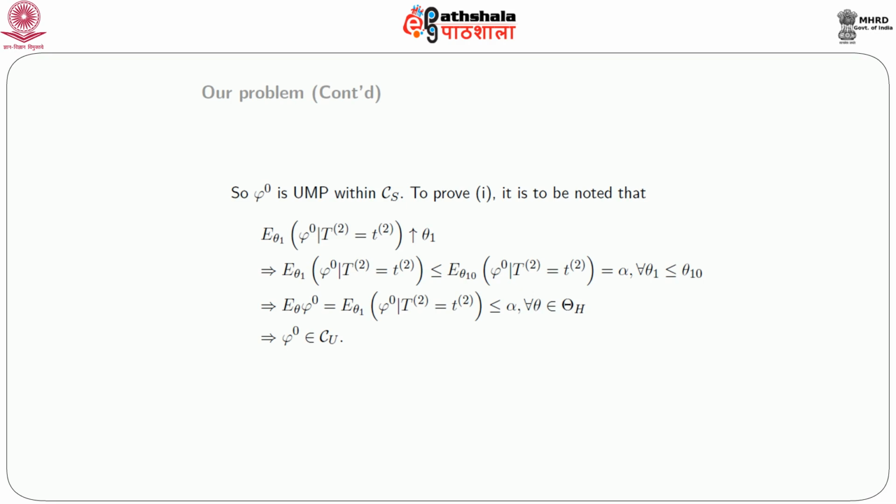This implies the expectation of phi naught under theta is equal to the expectation under theta2 of the expectation under theta1 of phi naught given T2, which is less than or equal to alpha for all theta belonging to Theta_H. This implies phi naught belongs to C_U. Therefore phi naught is UMPU of level alpha.